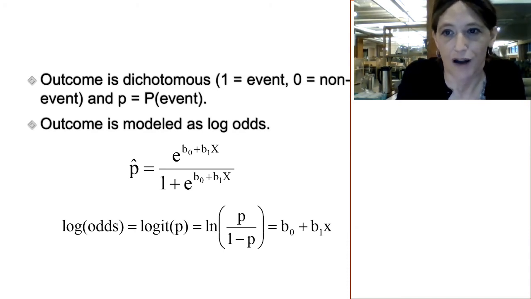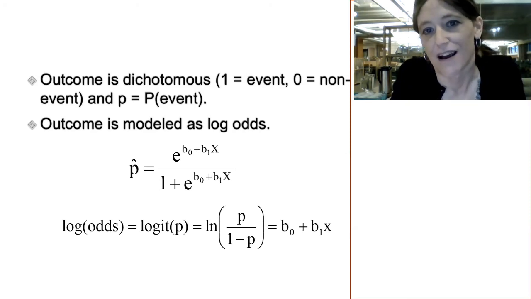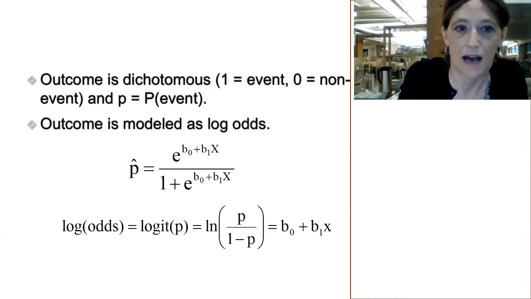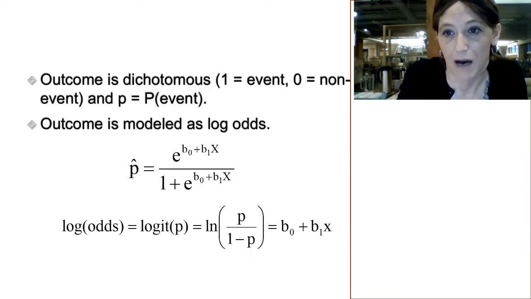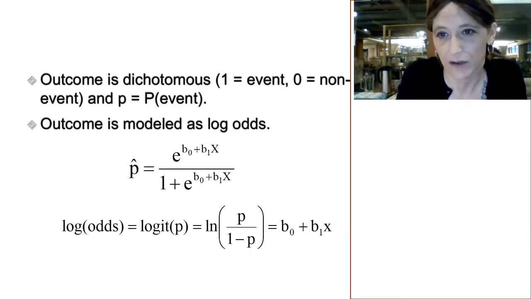And so we're often trying to model dichotomous outcomes. Yes, they did have a surgical site infection, or they didn't. Yes, they did develop cardiovascular disease, or they didn't. And so having the ability to model dichotomous outcomes is very, very important. And that's why we're going to use logistic regression to do that. Technically, the outcome in a logistic regression model is modeled as the log odds.